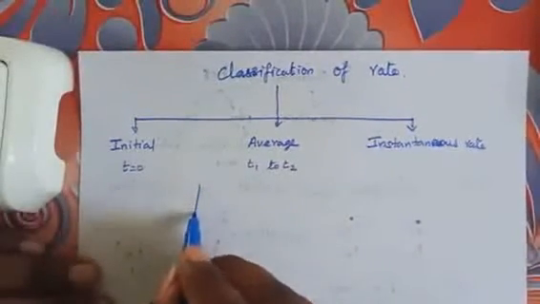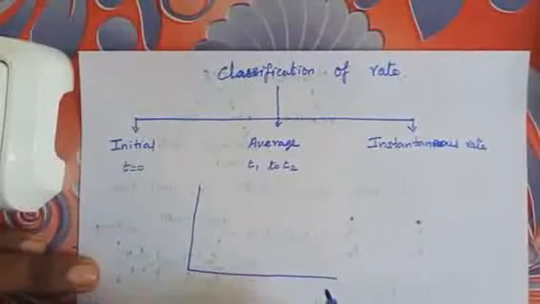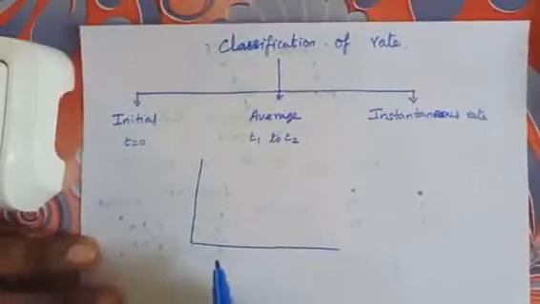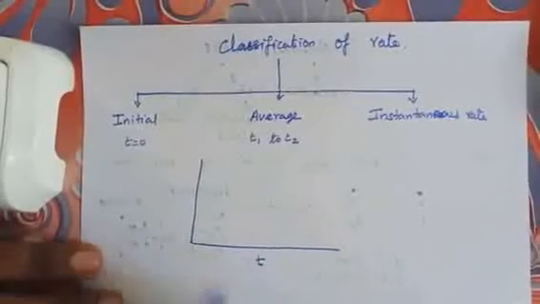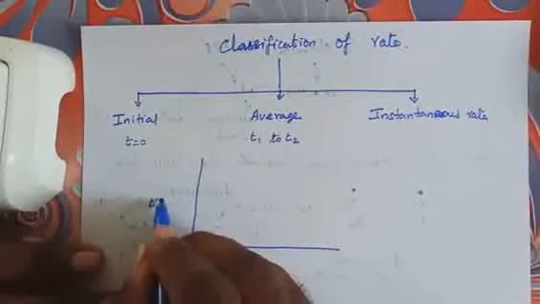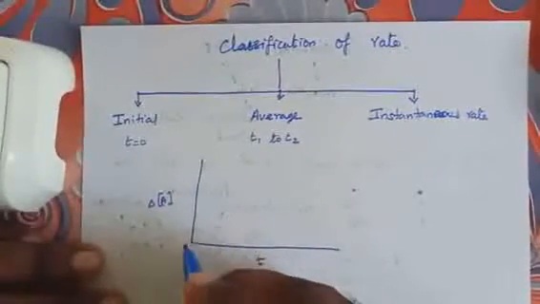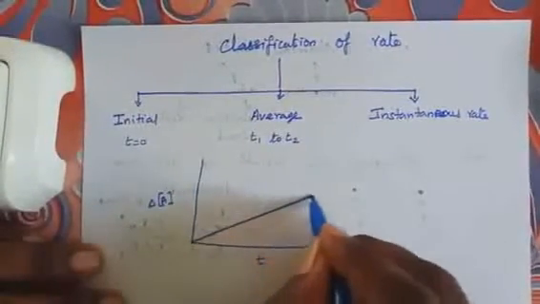These three rates are clearly explained on the basis of a graph, which is drawn against time at regular intervals with the changing concentration of the reactant or product. This gives a straight line.